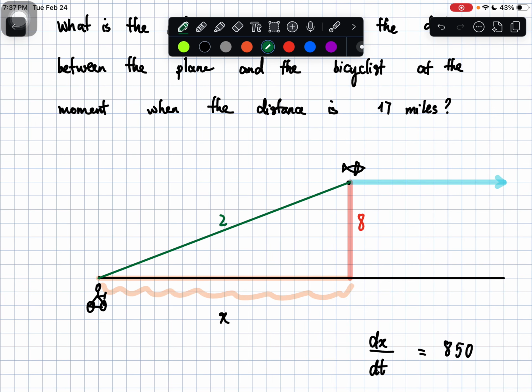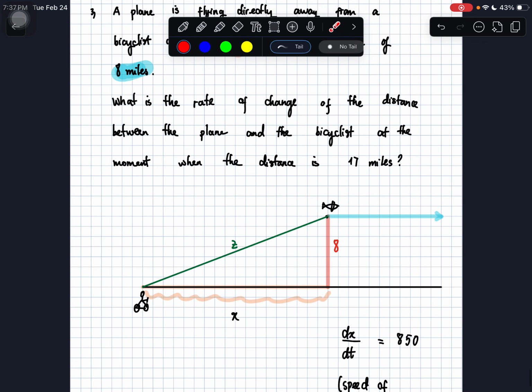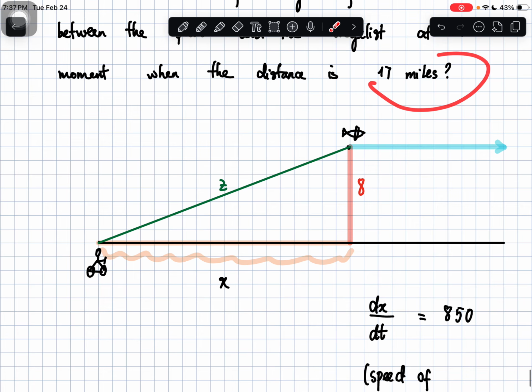So the distance between this person and this plane, let me connect them, I call it z. They ask us what is the rate of change of the distance between the plane and the bicyclist at the moment when the distance is 17 miles. So at some moment the distance between this person and this plane is 17.